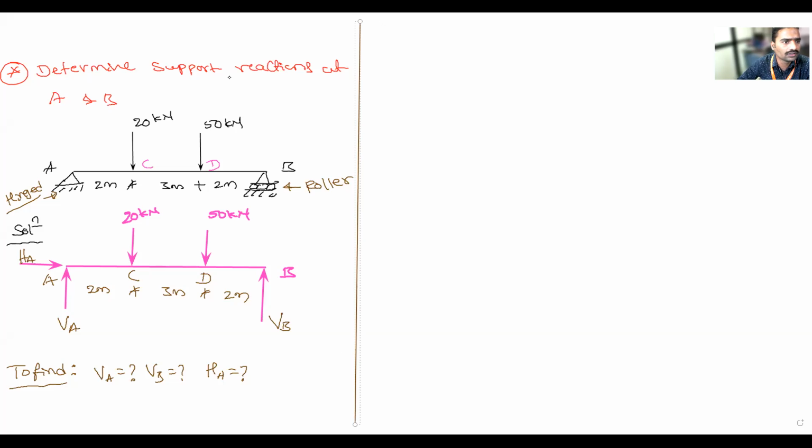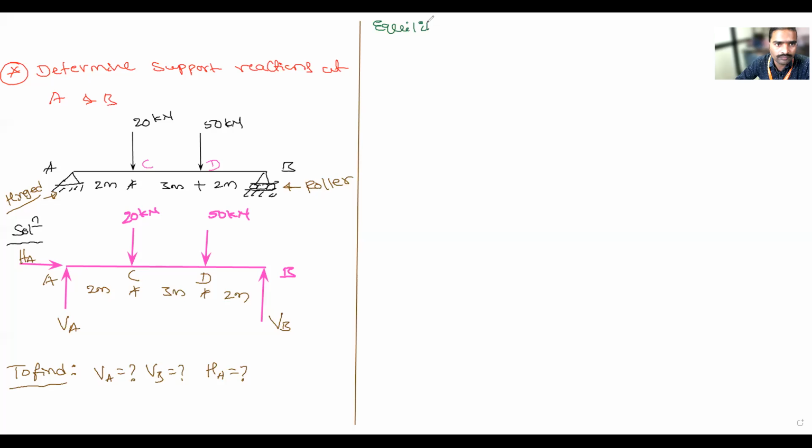First, I will start. See, you have learned equilibrium conditions. What are the equilibrium conditions for the concurrent force system? And what about this one? Is it a concurrent force system or non-concurrent force system? Non-concurrent. Consider 20 kilonewton, 50, VA, VB, HA. All are not acting at one point. So this is non-concurrent forces.